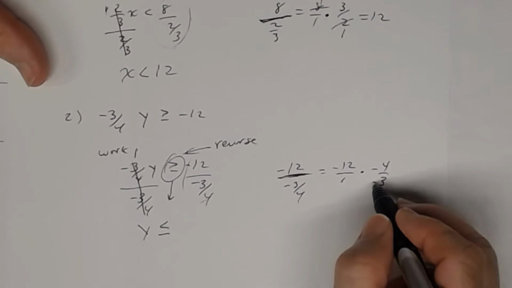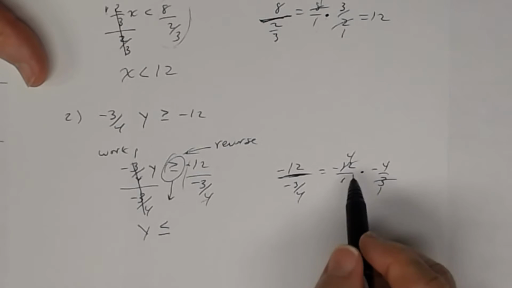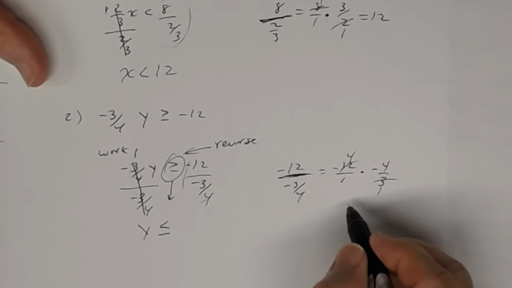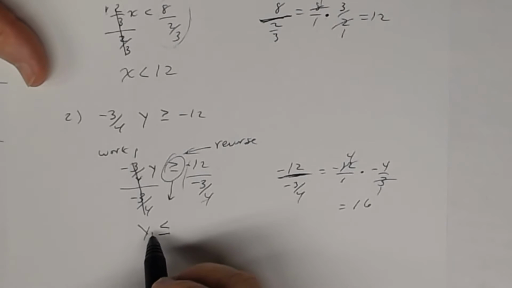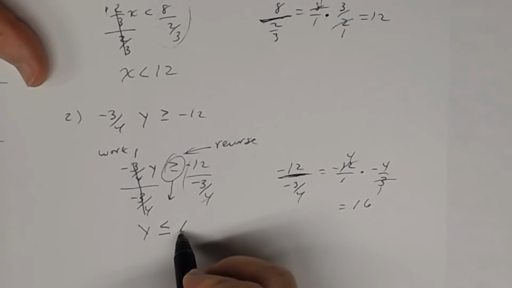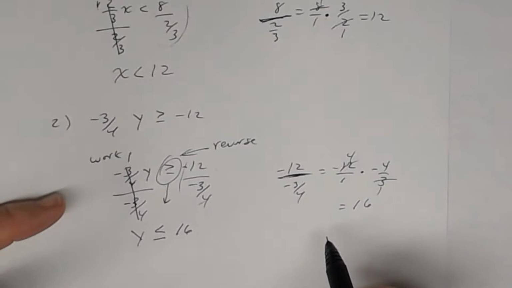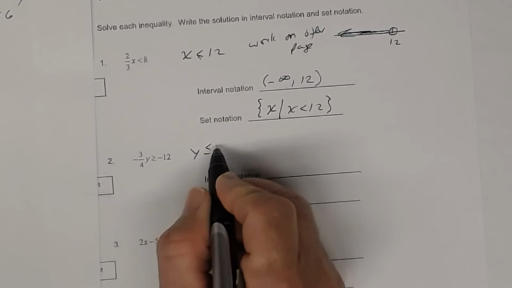And let's go ahead and reduce. 3 into 3 is 1. 3 into negative 12 is negative 4. Now look, a negative 4 times a negative 4 is a positive 16. So the solutions will be any real number that's less than or equal to 16. Okay? All right, so we get y is less than or equal to 16.